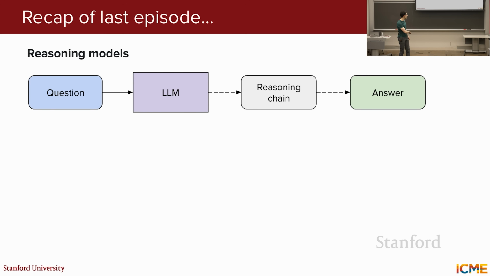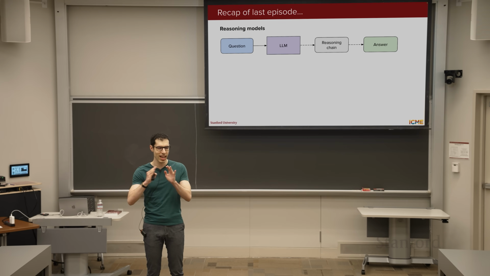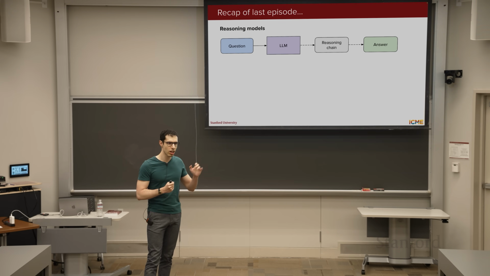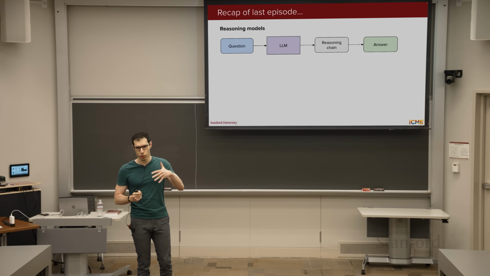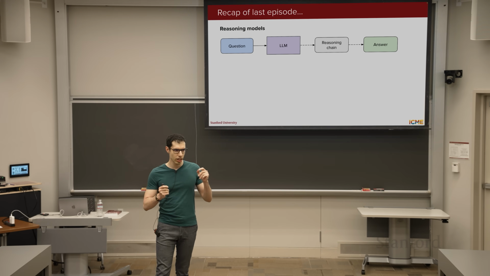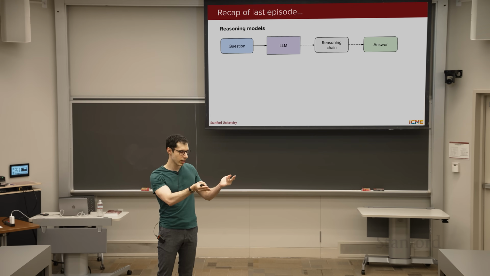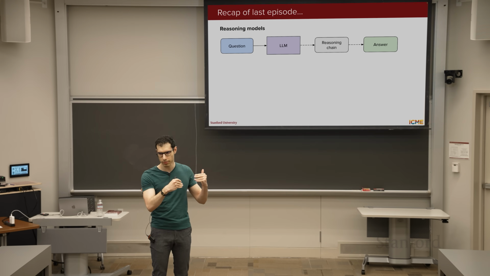But before we start, as usual, I'm going to recap what we did last time. So if you remember, last time we focused on reasoning models. And we saw the differences between a reasoning model and what we call the vanilla LLM. In particular, up until the lecture before last, we fed a prompt to the LLM, and it gave us directly a response.